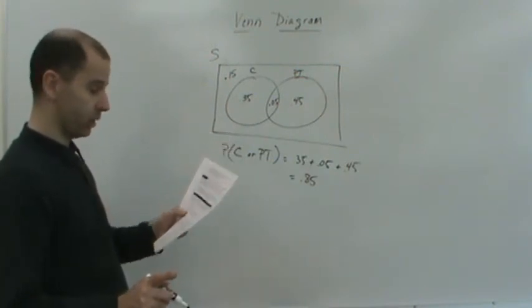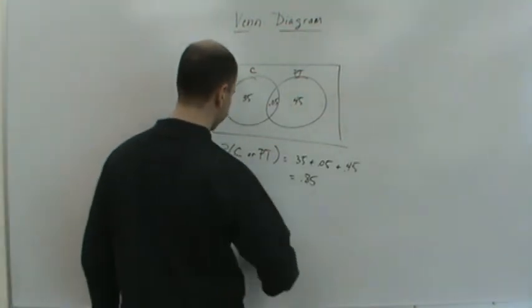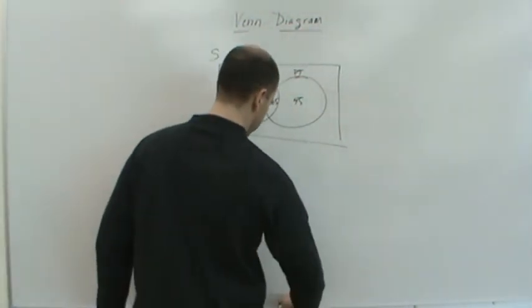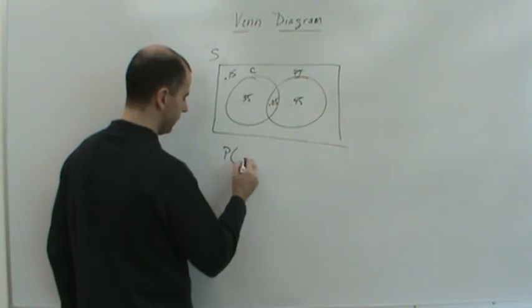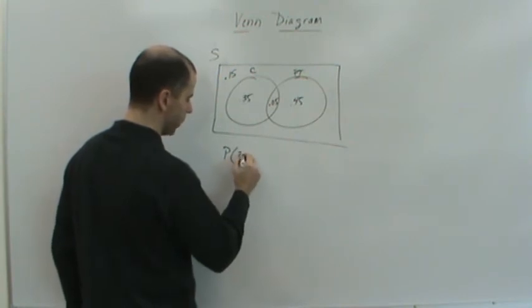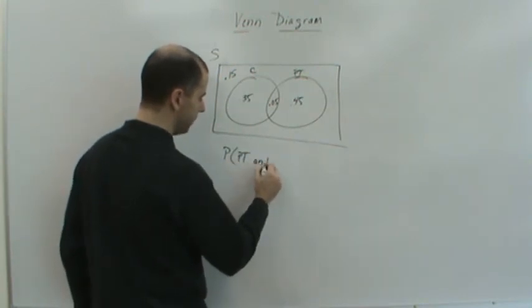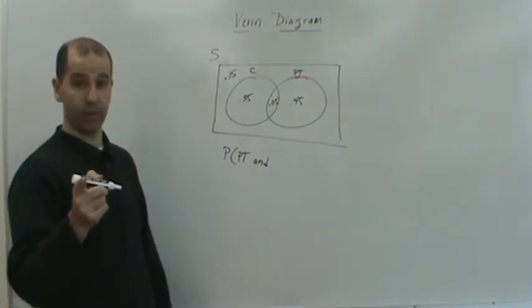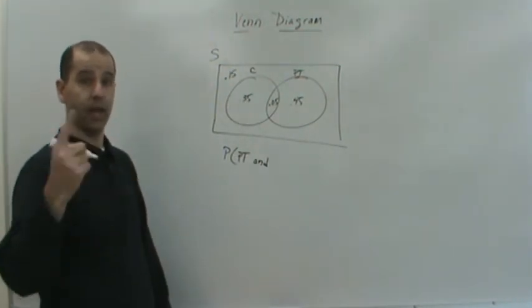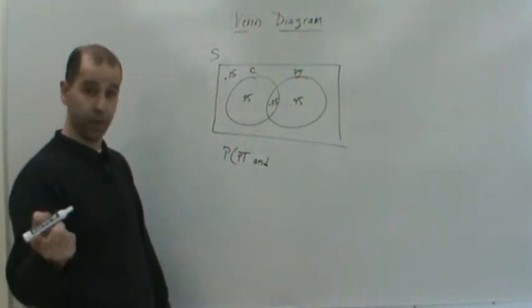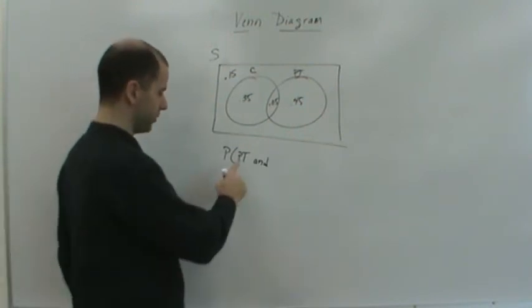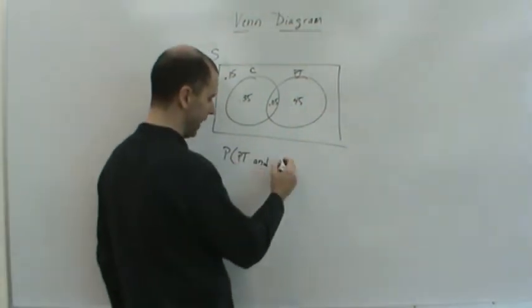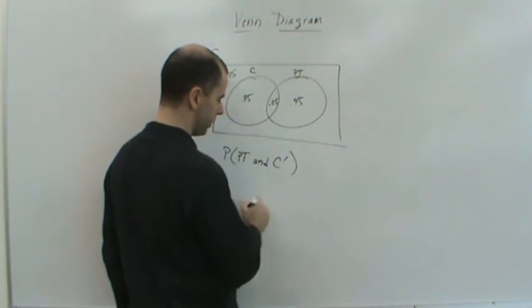Okay, now the next one, C says, the probability that a student works part-time but does not belong to a club. So we want the probability that a randomly chosen student works part-time but is not part of the club. But is the same as and when it comes to logic. So works part-time and is not part of the club.